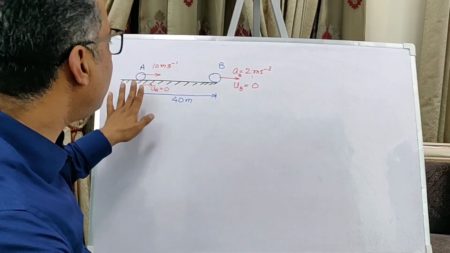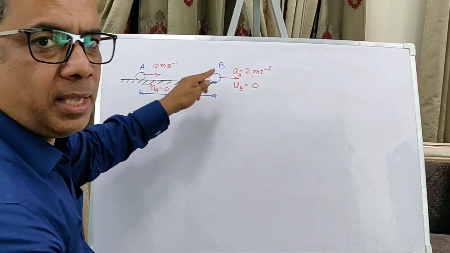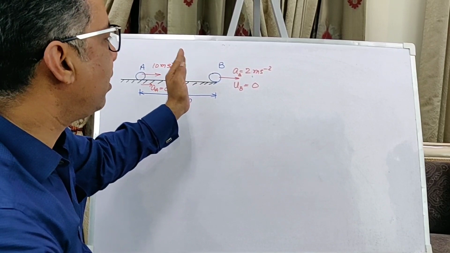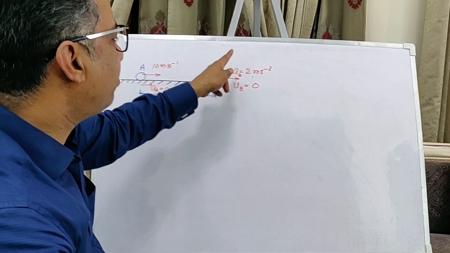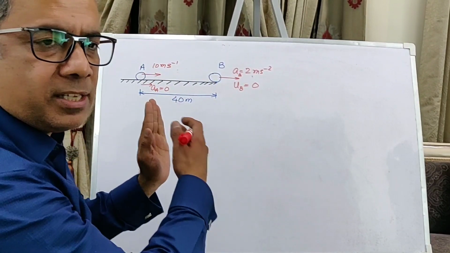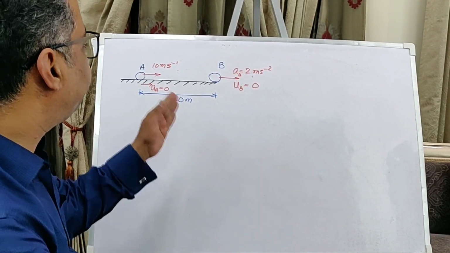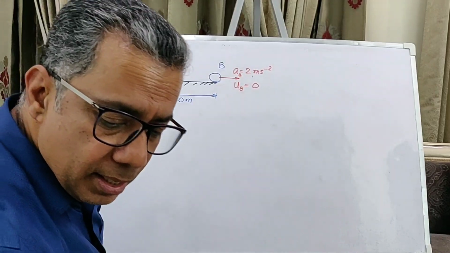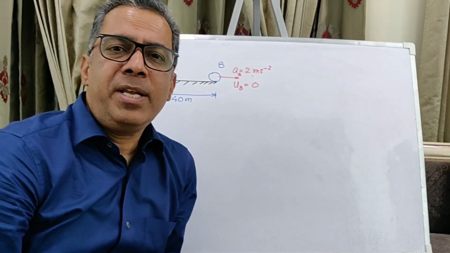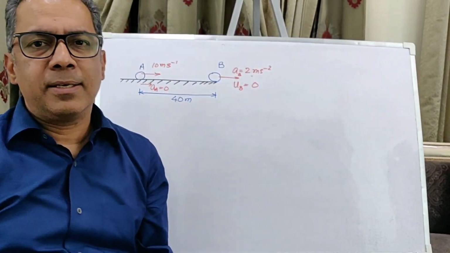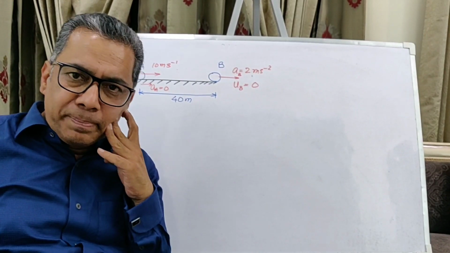So initially, because A is moving faster than B, the distance between them decreases, and then because B is speeding up, the distance eventually starts to increase. So the question is that we have to calculate the minimum distance between A and B in this problem.